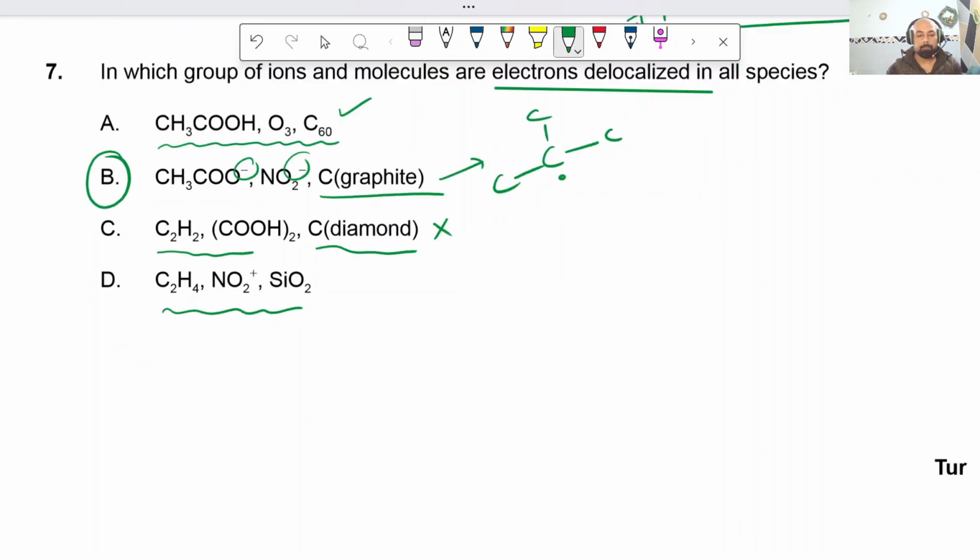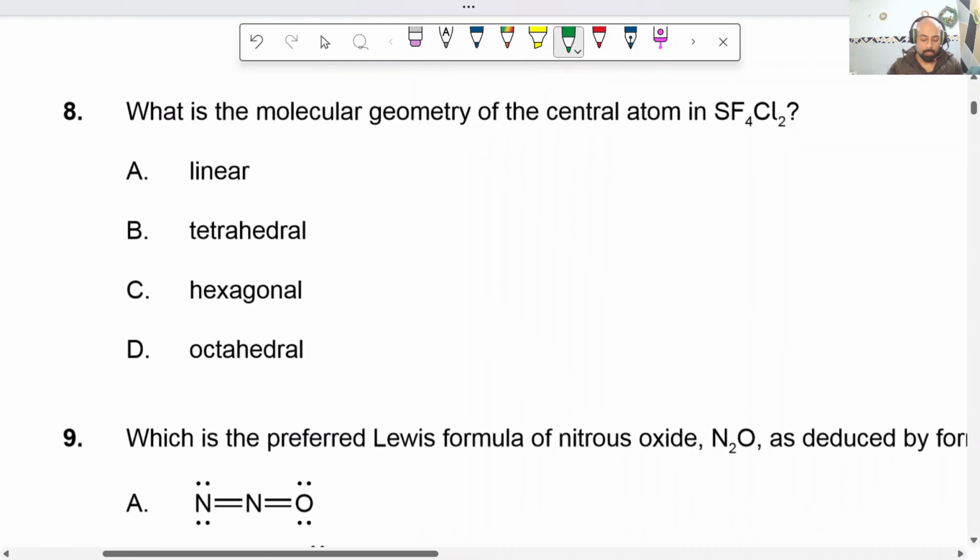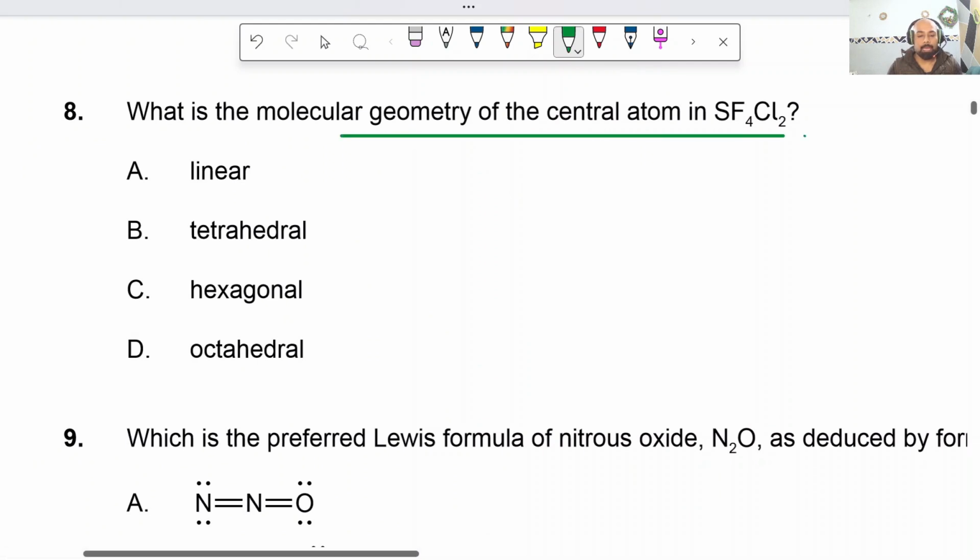Right? Now, let's try this question. This question is from the ligands and geometry of compounds, D block elements, or molecular geometry. Right? Now, what is the molecular geometry of SF4Cl2?